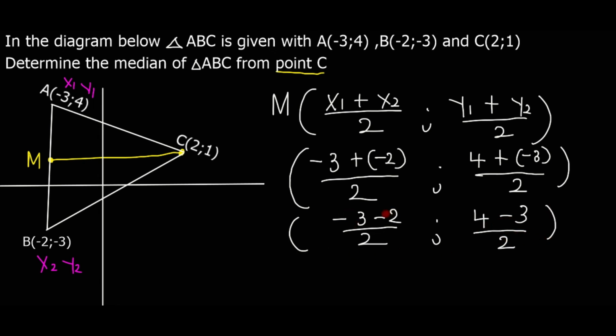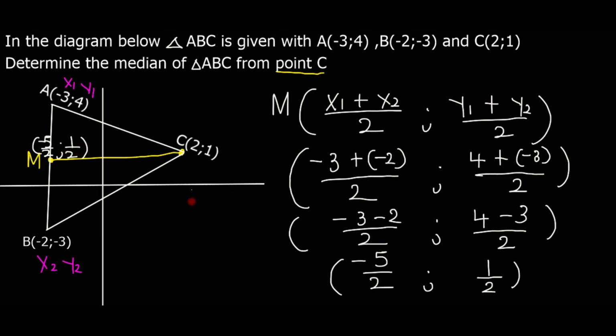Minus 3 minus 2 is minus 5 over 2, and then 4 minus 3 is 1, so this is 1 over 2. So these are the coordinates of point M: minus 5 over 2 and 1 over 2.